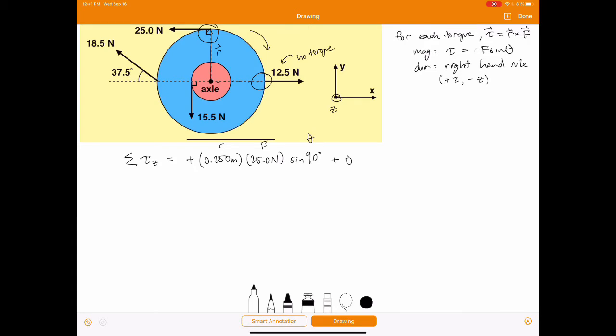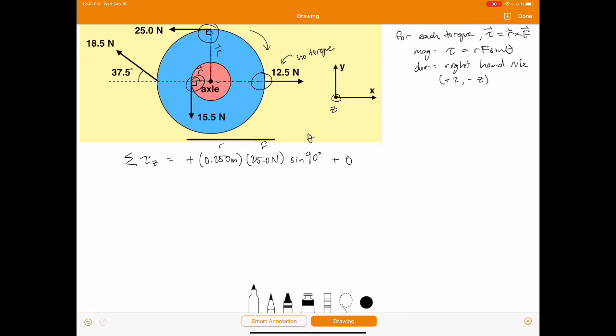Now, if we go to the next one, which would be over here, okay, now the r vector, if I can draw it, is just pointing straight to the left like this. So it's going from the axis of rotation to where the force is applied.